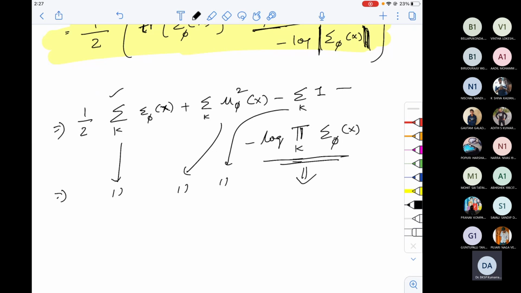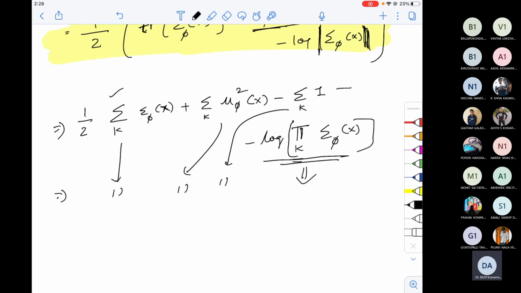Am I doing something wrong here? Okay, fine. So this is a product of terms, and now we are trying to write this as a sum of both the terms.